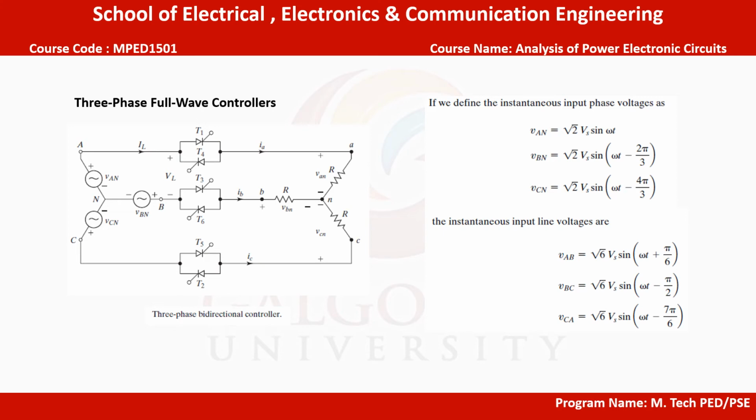The instantaneous input line voltages are VAB, that is equal to under root 6 Vs sine omega t plus pi by 6, VBC is equal to under root 6 Vs sine omega t minus pi by 2, VCA, that is equal to under root 6 Vs sine omega t minus 7 pi by 6.